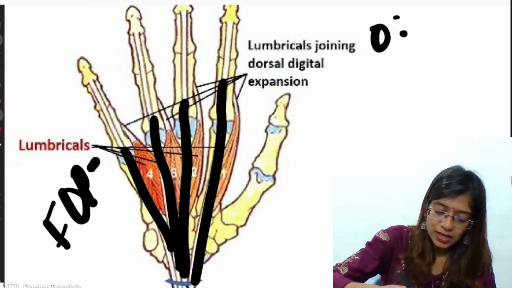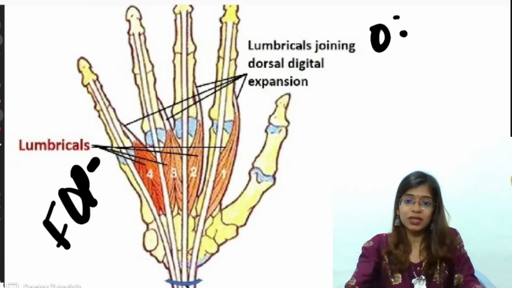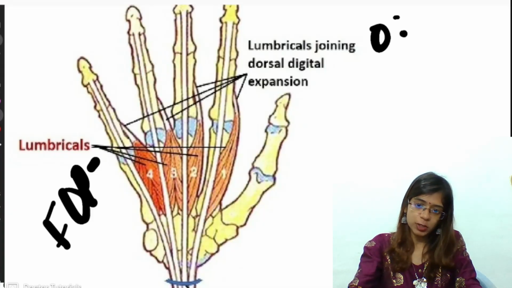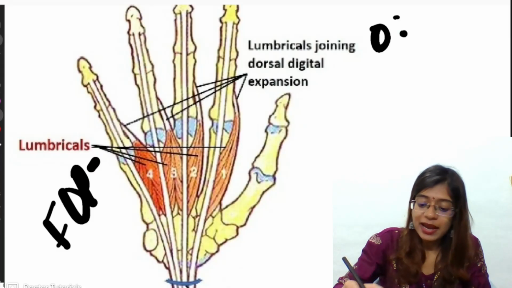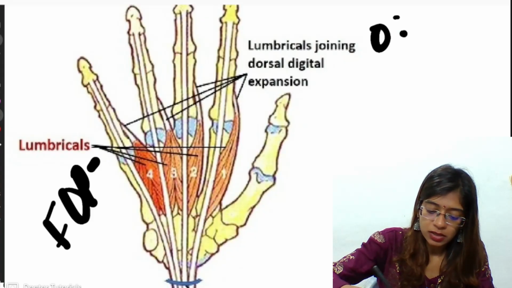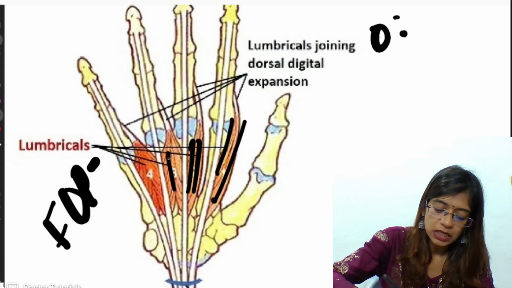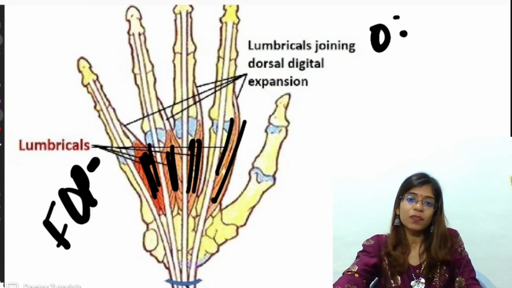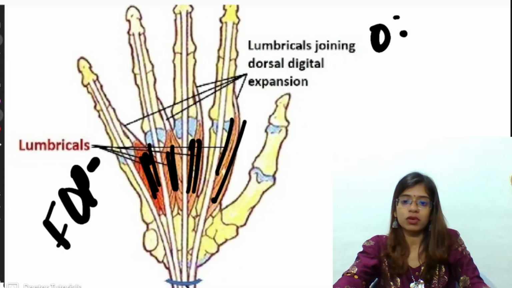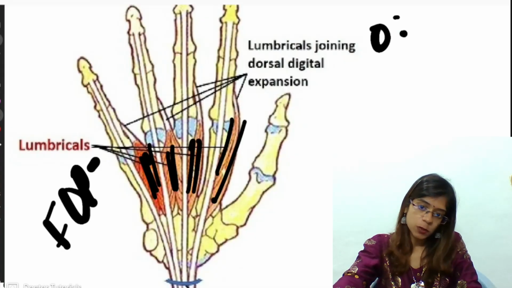So these structures are the tendons of the FDP, and the lumbricals originate from these tendons. These are the lumbricals. So the first point, origin of lumbricals: from the tendons of flexor digitorum profundus.